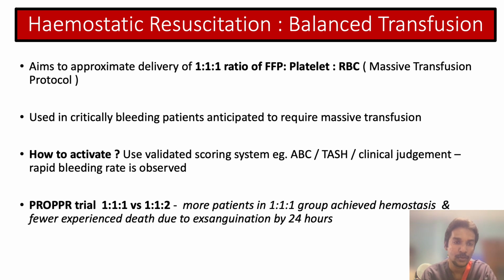They compared 1:1:1 and 1:1:2 and found out that more patients in the 1:1:1 group achieved hemostasis and fewer experienced death due to exsanguination by 24 hours, thus favoring the use of high ratio transfusion or the 1:1:1 group.